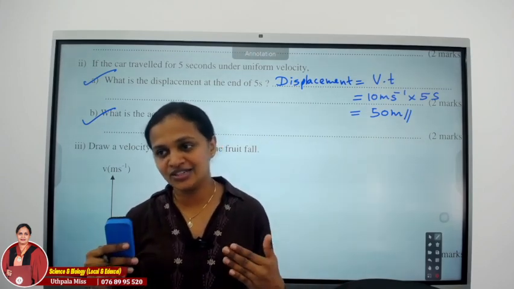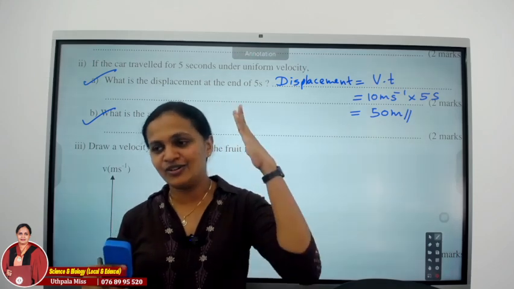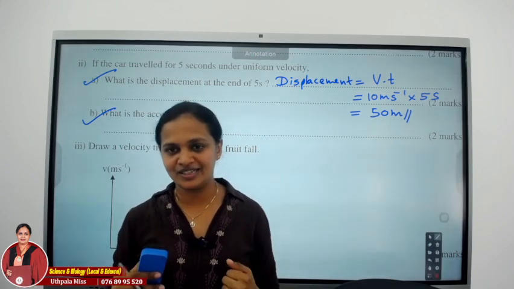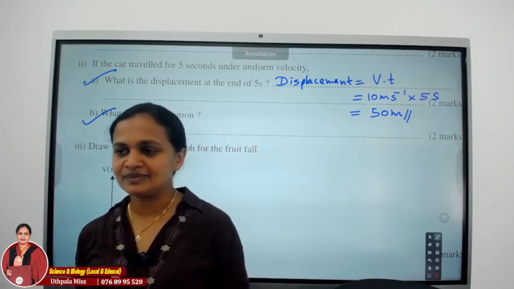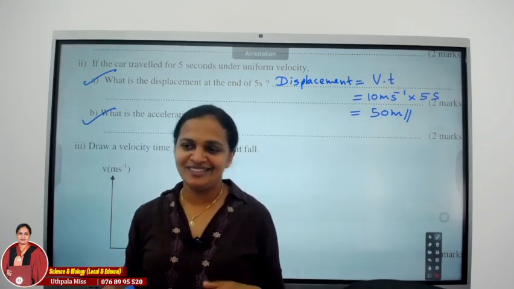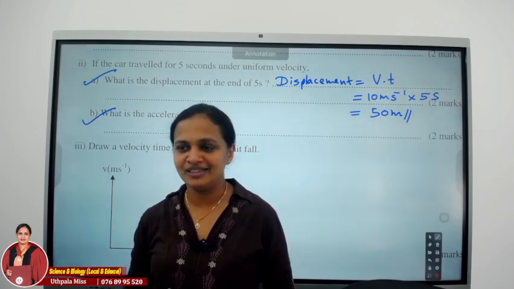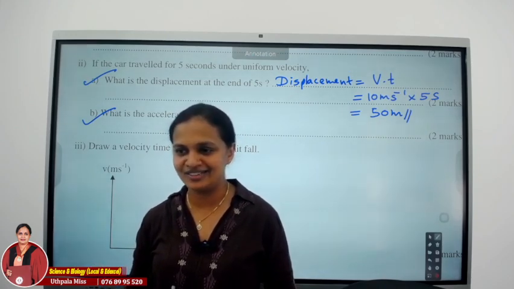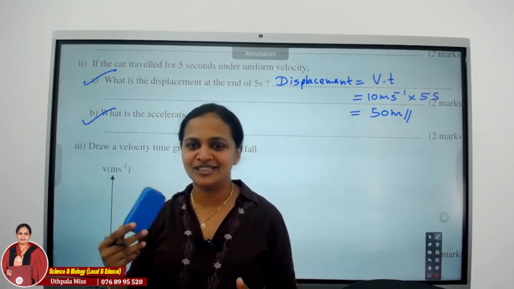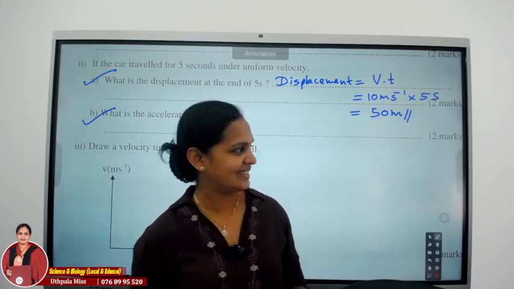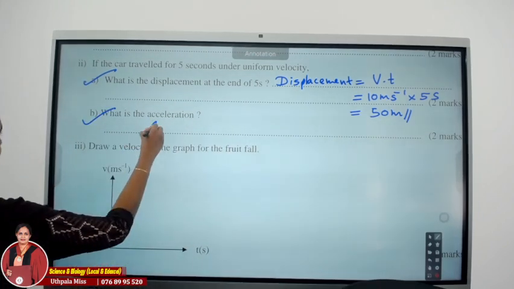Velocity should increase with time in order to have an acceleration. If it is traveling in a uniform velocity, there can't be any acceleration or deceleration. Okay, so it is 0.